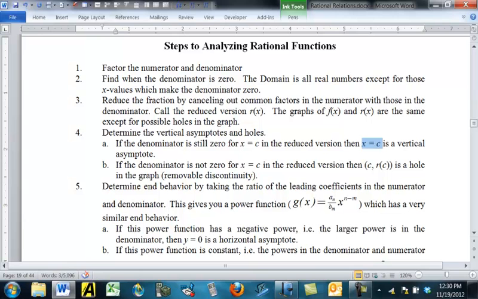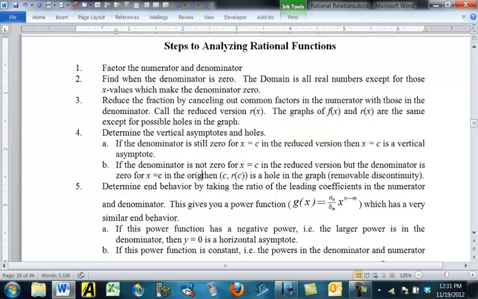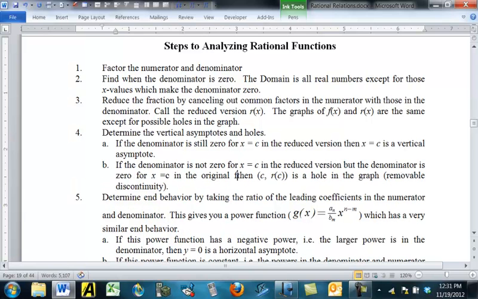If the denominator is not 0 for x equals c in the reduced version, but the denominator is 0 for x equals c in the original f of x, then the point c comma r of c is actually a hole in the graph.